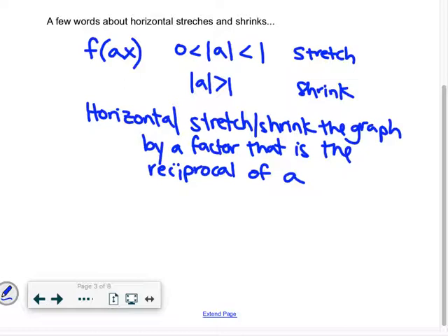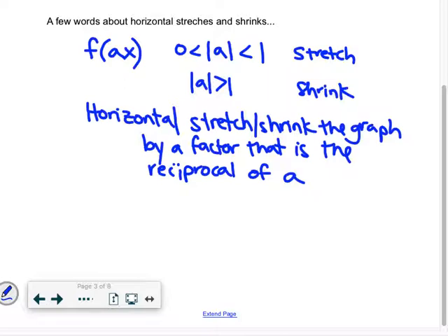So this is another weird moment of horizontal stretch and shrink. First of all, big numbers shrink it, small numbers stretch it. Weird, not what I expect. Just the same way with the h value, it does the opposite of what I think it would do. Negative numbers move it right, and positive numbers move it left.